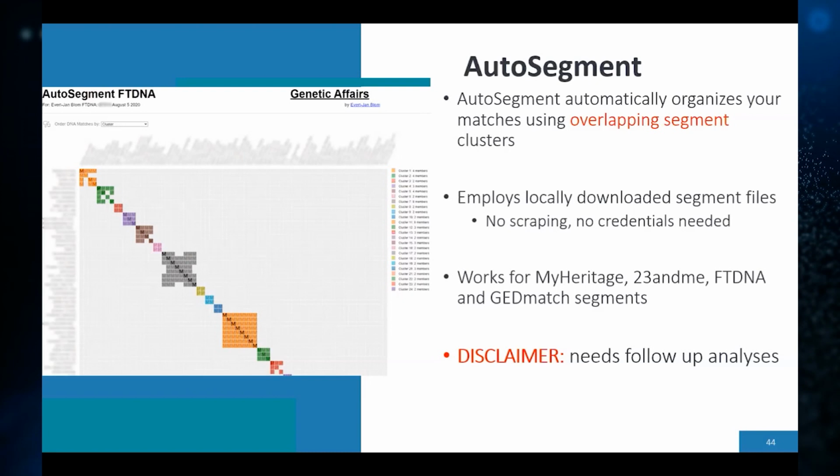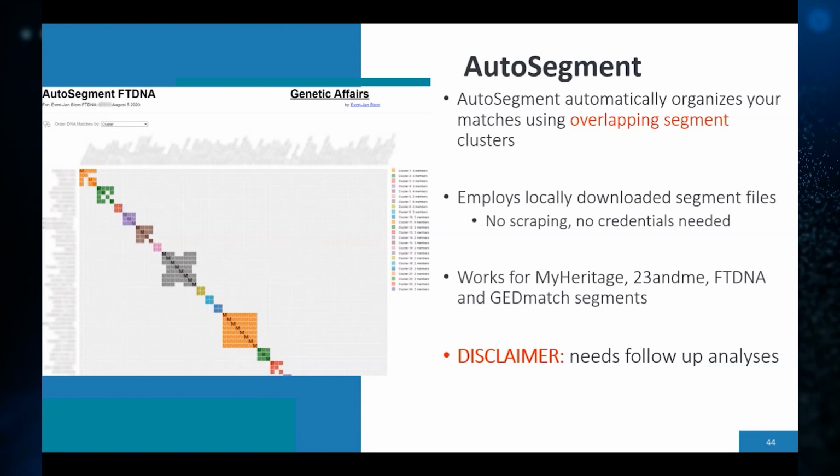If you have matches that actually share a segment, it uses that information for clustering. I will first show you a quick example of how it looks, and then I will go into the slides telling you more about how this is done.